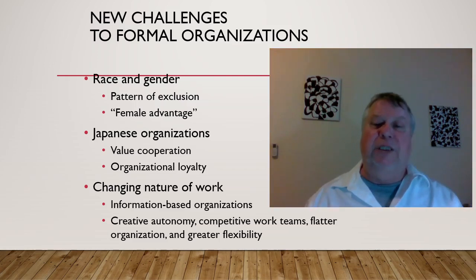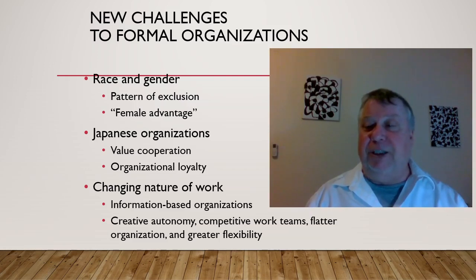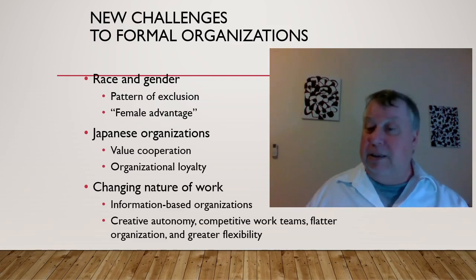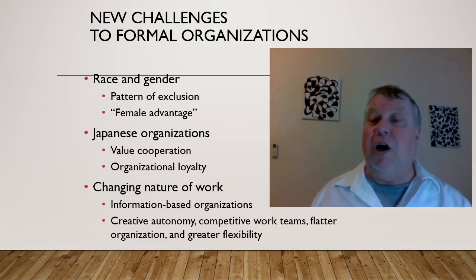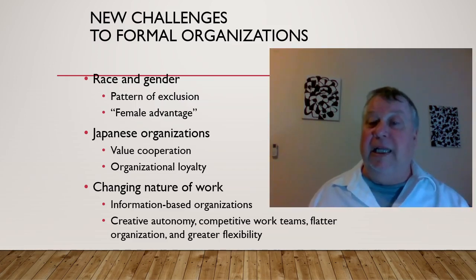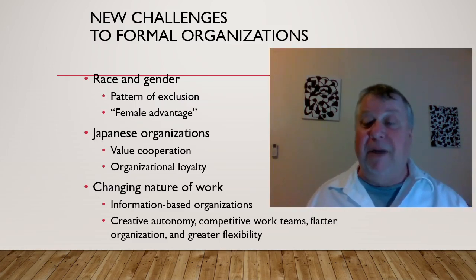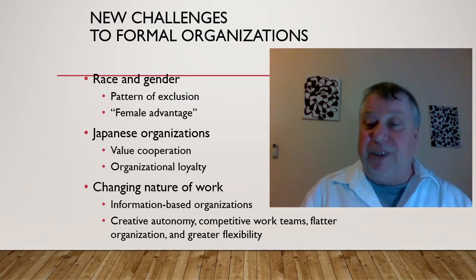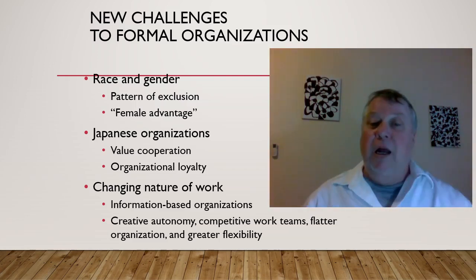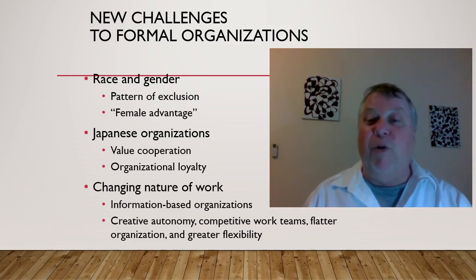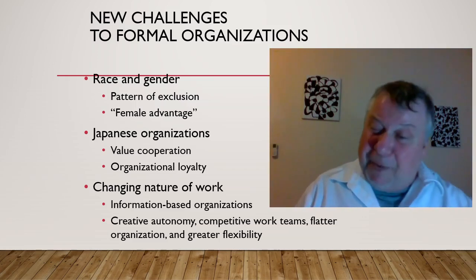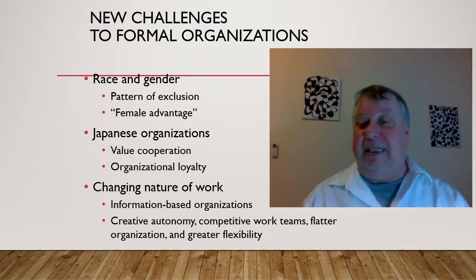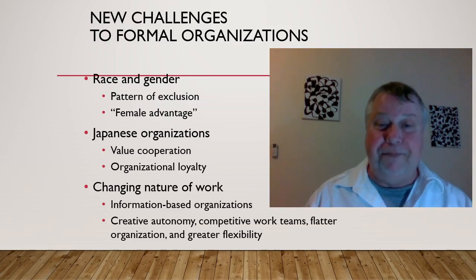The idea of loyalty to the organization is much stronger, and that means that people in Japan are willing to put up with sometimes lower wages or harder work conditions, at least for a substantial period of time, because they're loyal to the organization. And as long as they believe that that loyalty will be reciprocated, they will stay loyal, right? And so therefore, their organizations may be more efficient in some ways. Some ways it may make them less efficient, but that's an argument for another day.